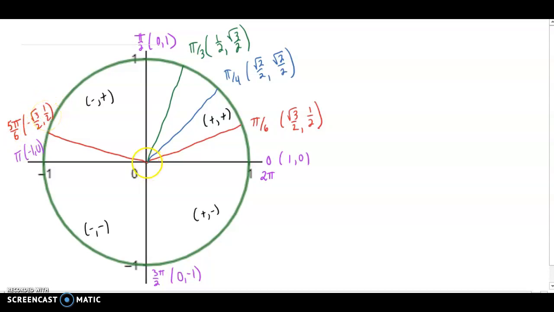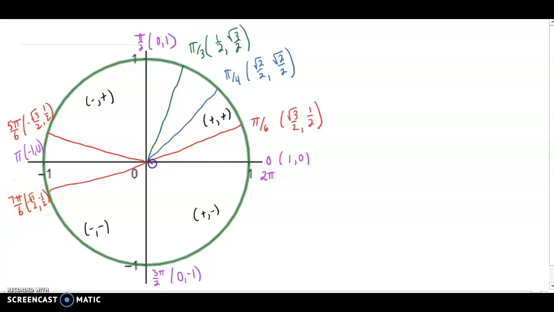If I keep going into quadrant 3, we're pi over 6 past pi, so now that's 7 pi over 6. And we know that both coordinates should be negative, so -√3 over 2 and -1/2. Cosine of 7 pi over 6 is -√3 over 2. Sine of 7 pi over 6 is -1/2.